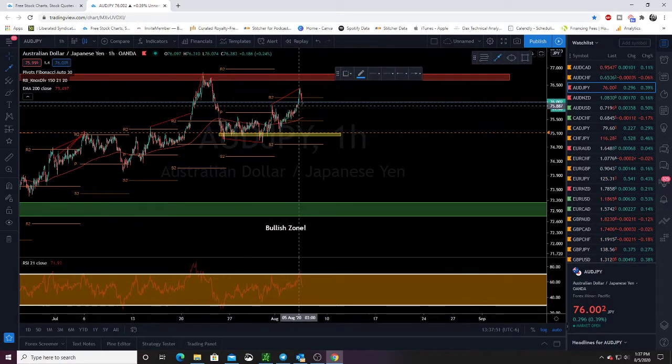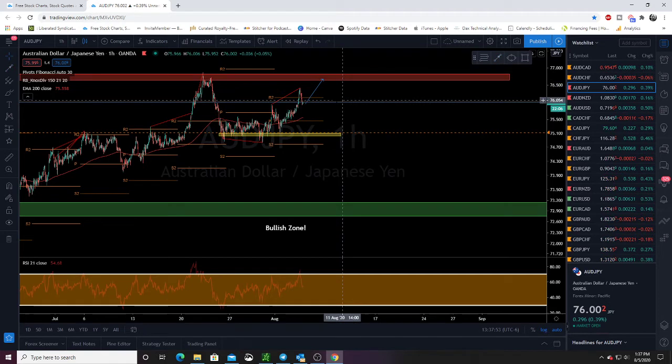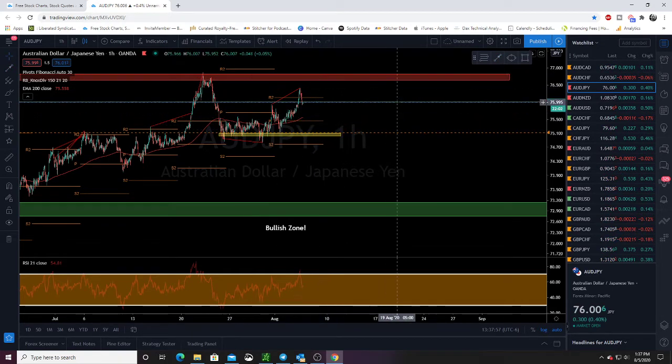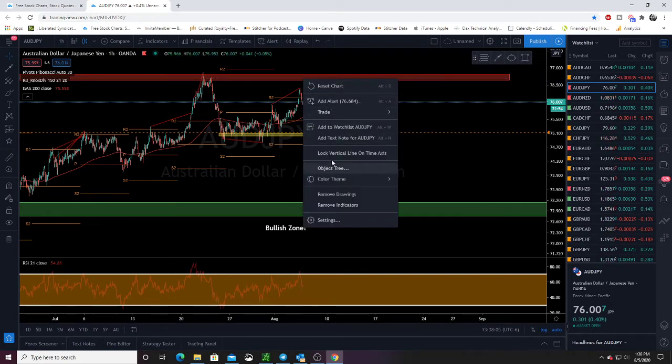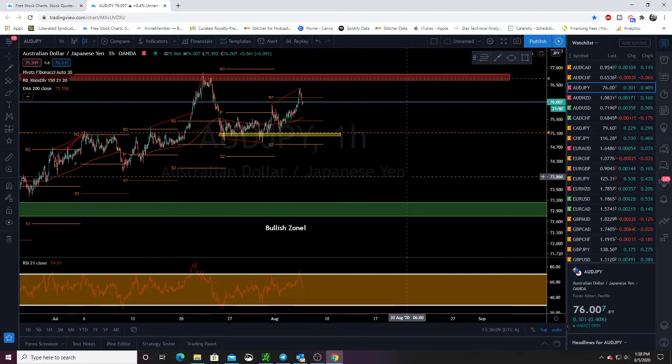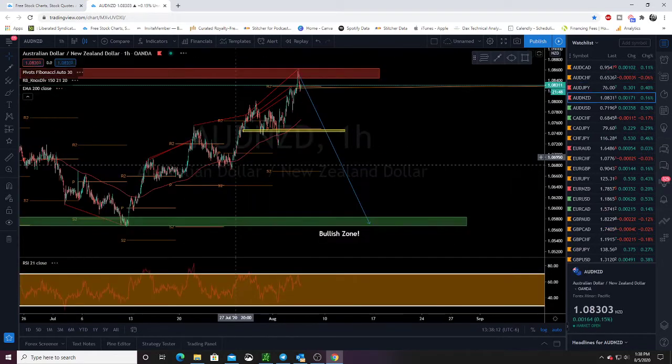More than likely, we might see price get up into this resistance zone, and then I'm going to be looking to sell from up here or looking for a strong breakout at that level. I'm going to go ahead and put an alert in now. There we go. That way I just don't miss it.